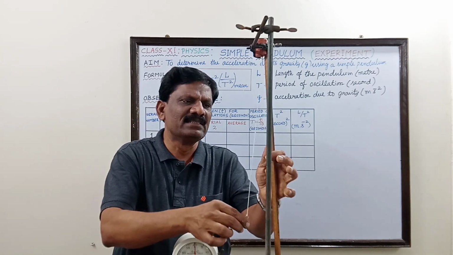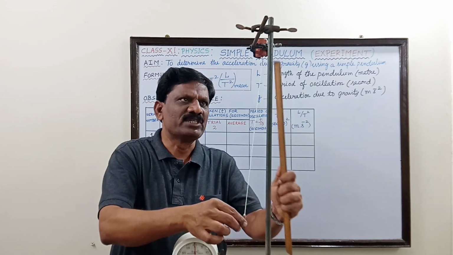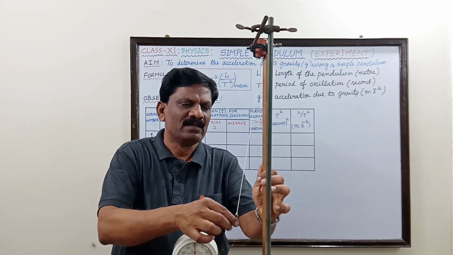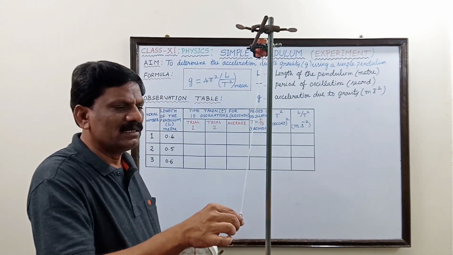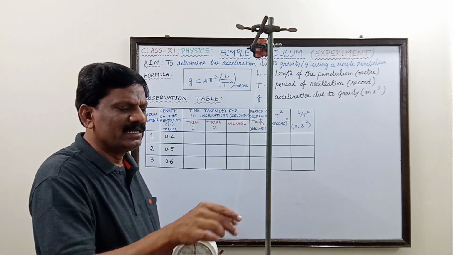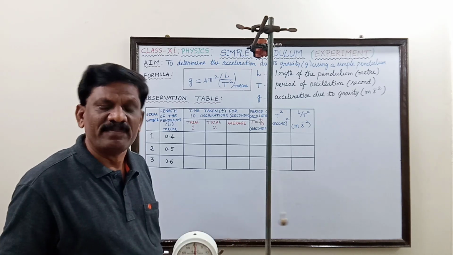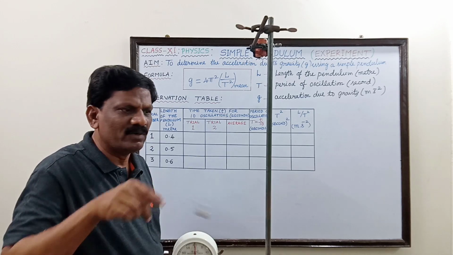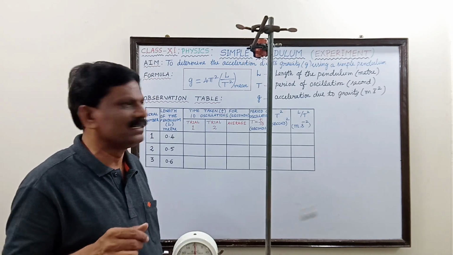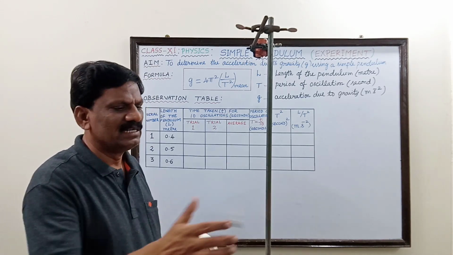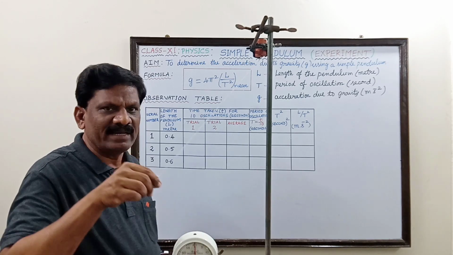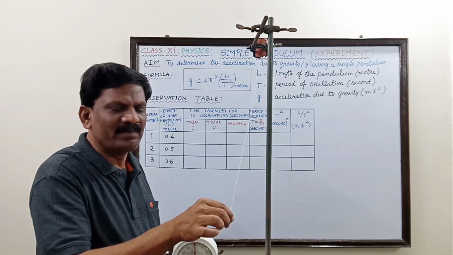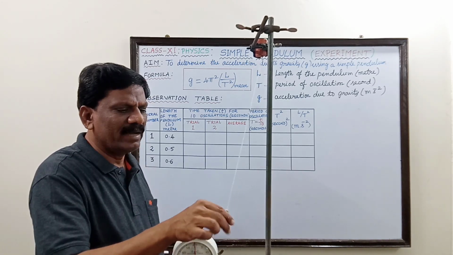That means this must be the angular position of the extreme position. So from here only we should oscillate the pendulum. Very small oscillations only will be perfect. If you do large amplitude oscillations, then the value of g may not be perfect. So avoid large amplitude oscillations and take small amplitude oscillations only.